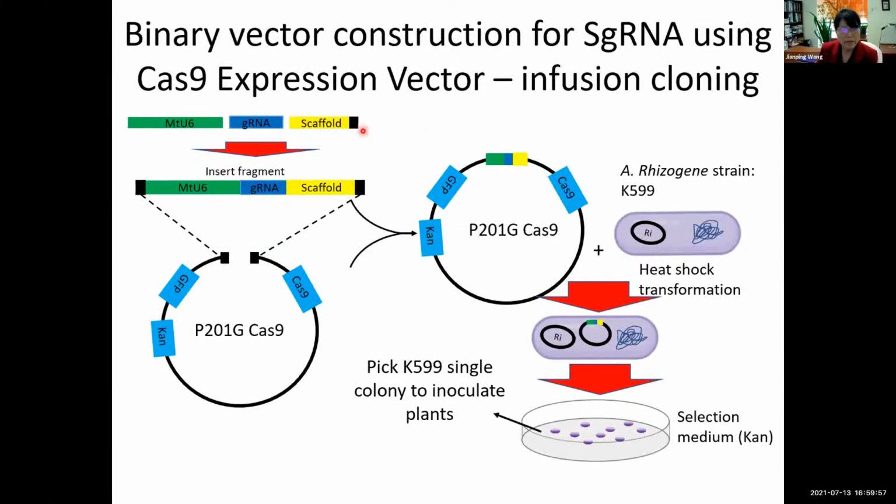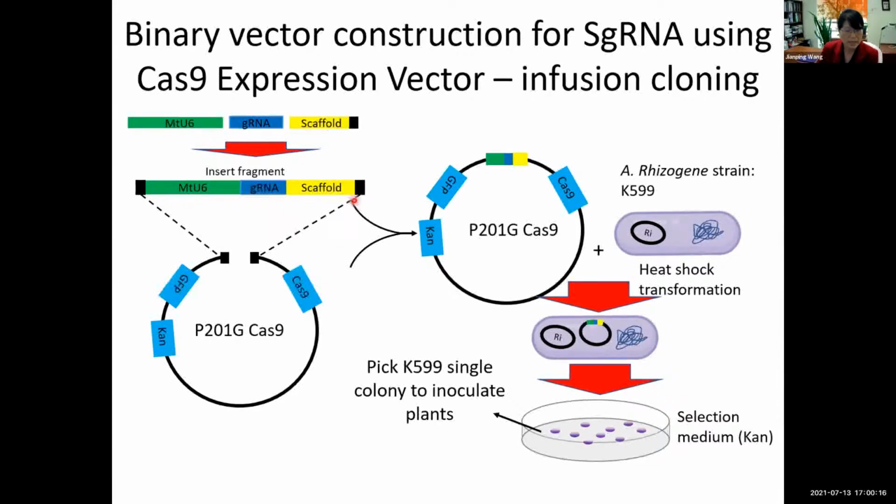So for the binary vector construction, we have the targets, which are 19 to 20 nucleotides long, and then through overlapping PCR we linked them with the Medicago truncatula U6 promoter and the scaffold.